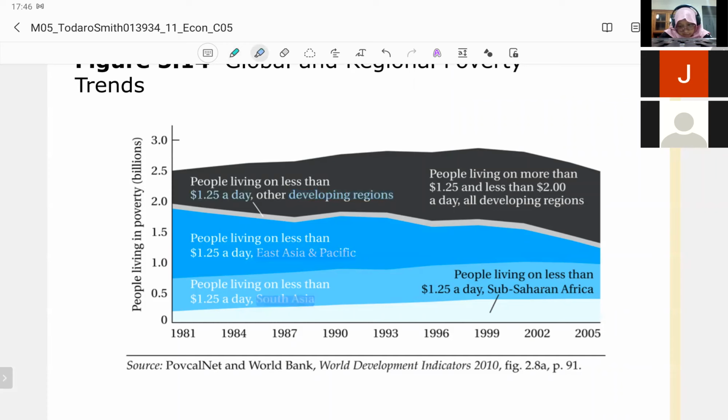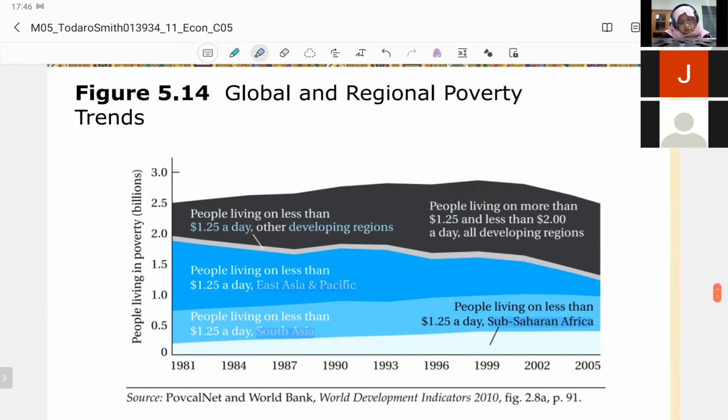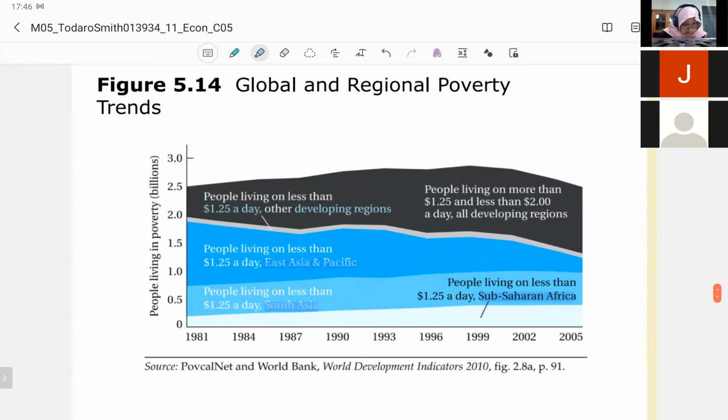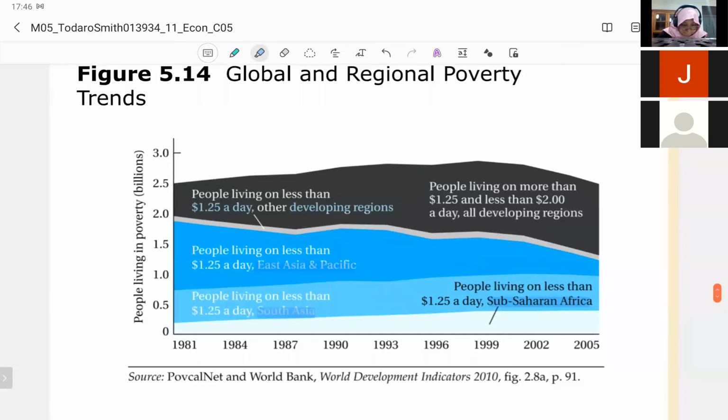Meanwhile, here is in Sub-Saharan Africa. You can see the difference of poverty trends in the global region. Okay. It seems like in Sub-Saharan Africa, it's still a lot.